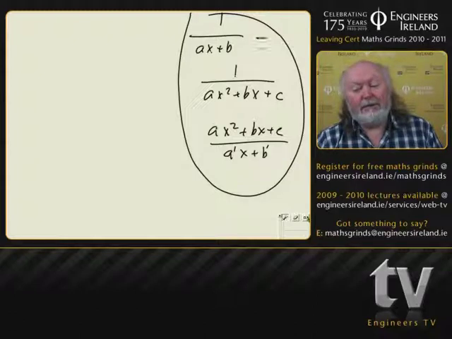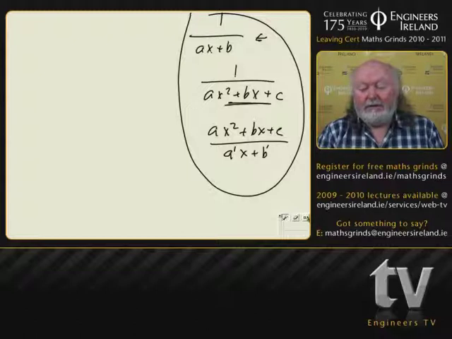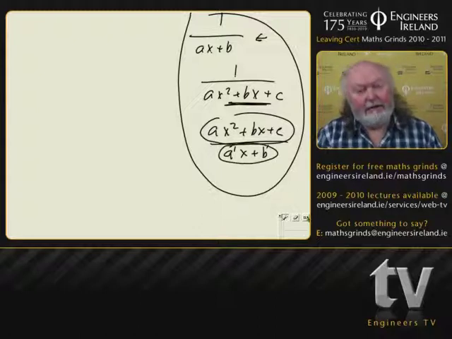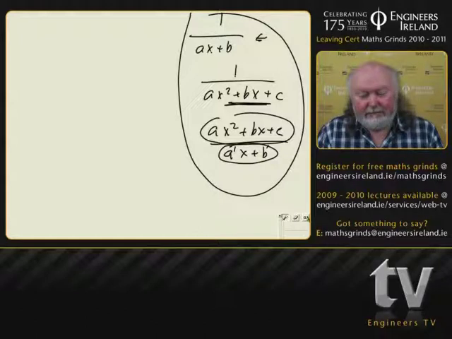This one is going to give us a log of some sort. In this one, we're going to find squares. In this one, we're going to divide this by this, and you'll get so many whole times and a remainder. And that remainder function is going to be much simpler than the overall function we have here.